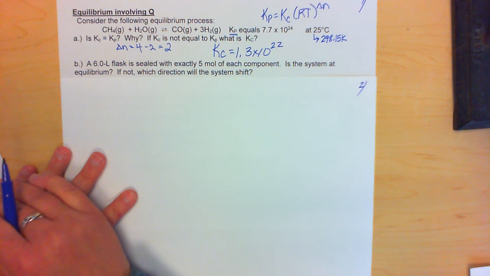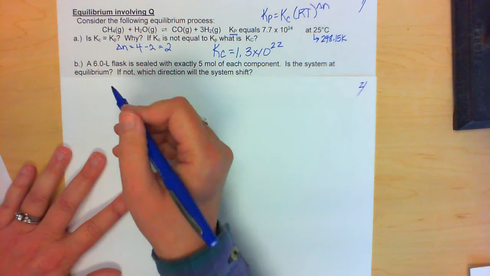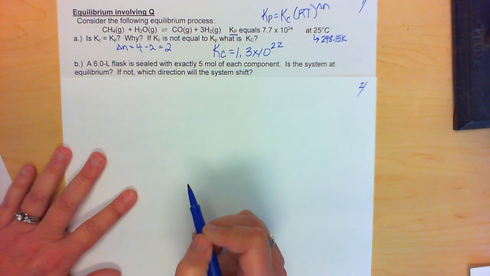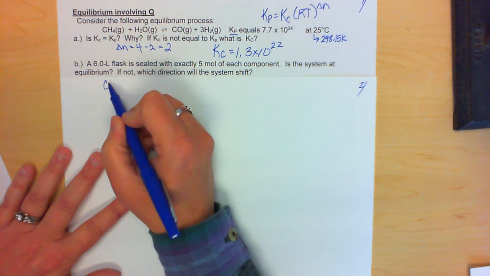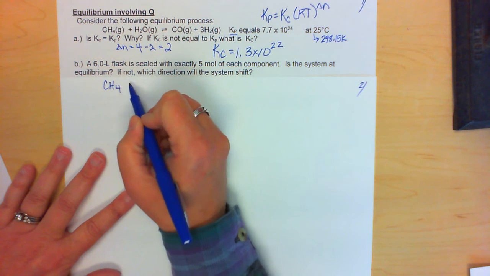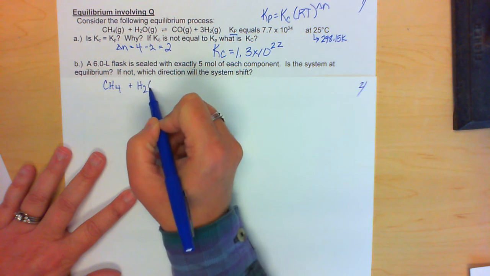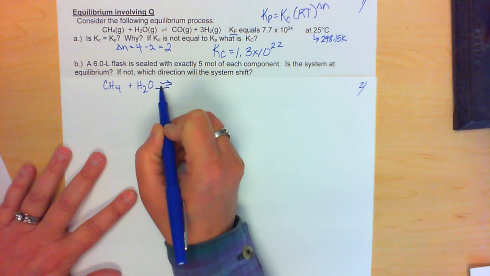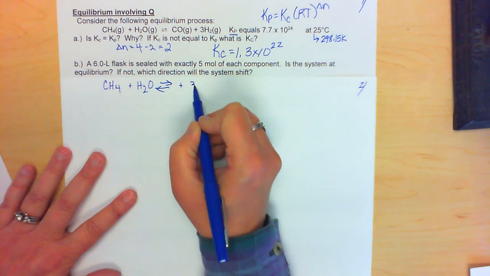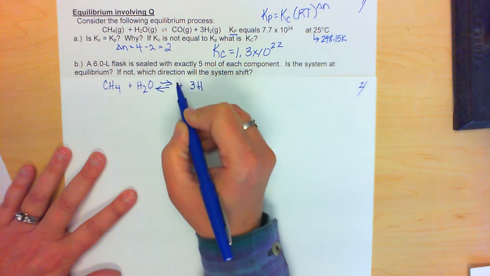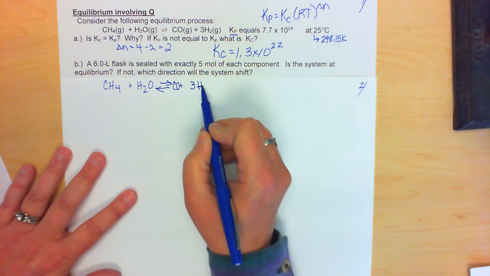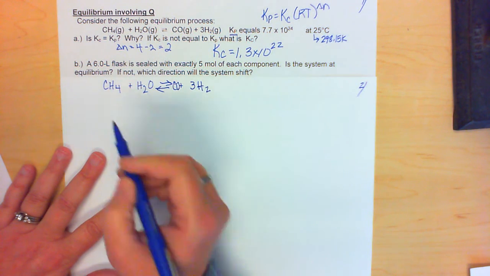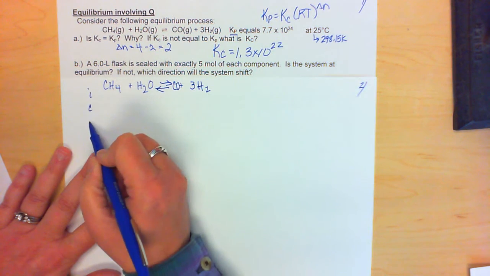If we have 5 moles of each component, then we're going to have to figure out which direction is going to shift. So I'm going to rewrite my equation so that I can make an ICE table. Whoops, I forgot the CO, plus 3H2.